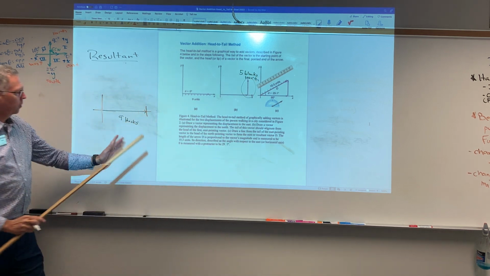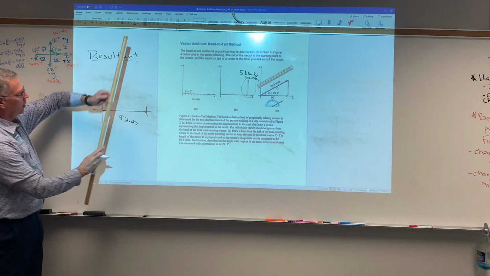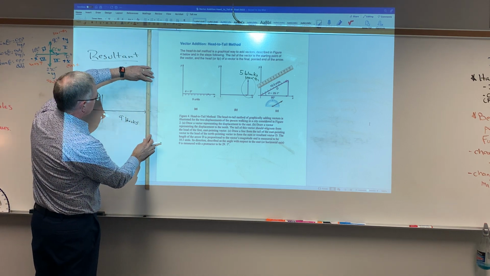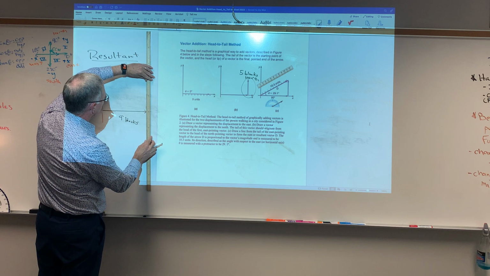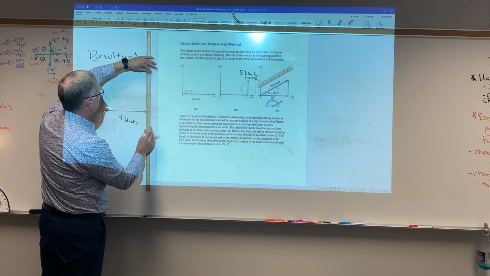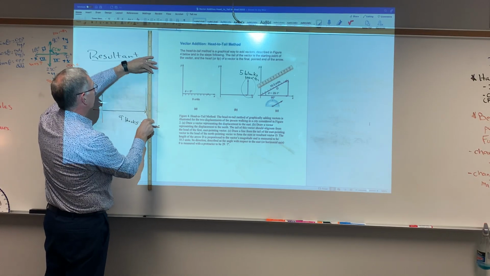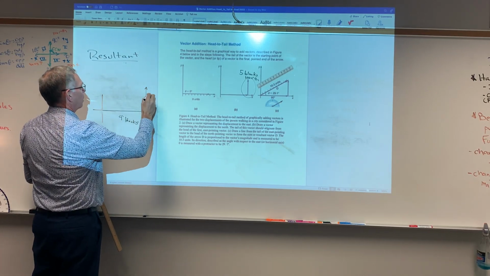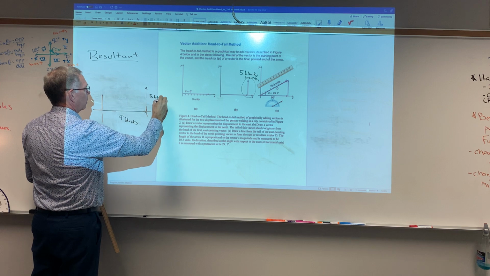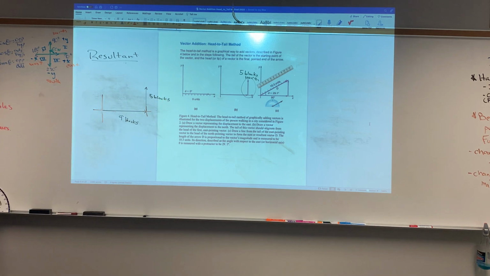Okay. North is 90 degrees straight up. So use the same scale and draw a line that's 5 blocks north.